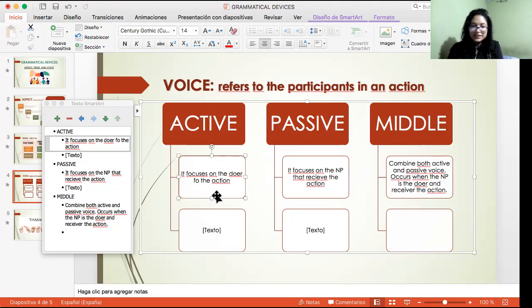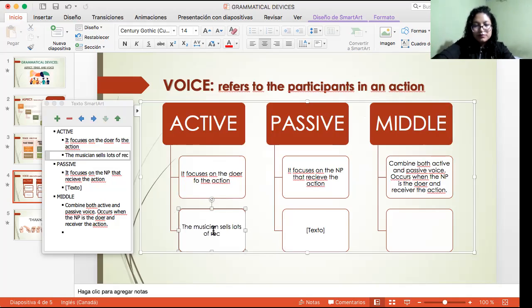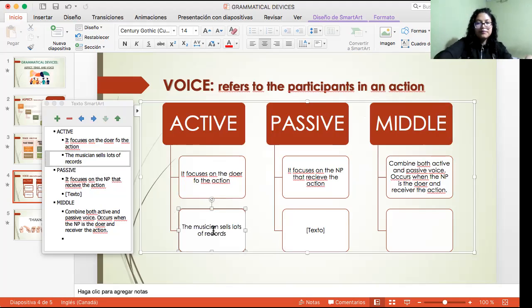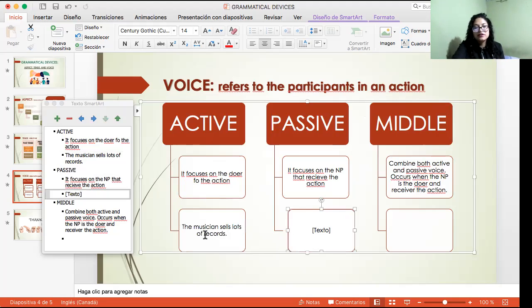For example, if I say, the musician sells lots of records. The musician sells lots of records. So the musician is the doer of the action. So this is the active voice.